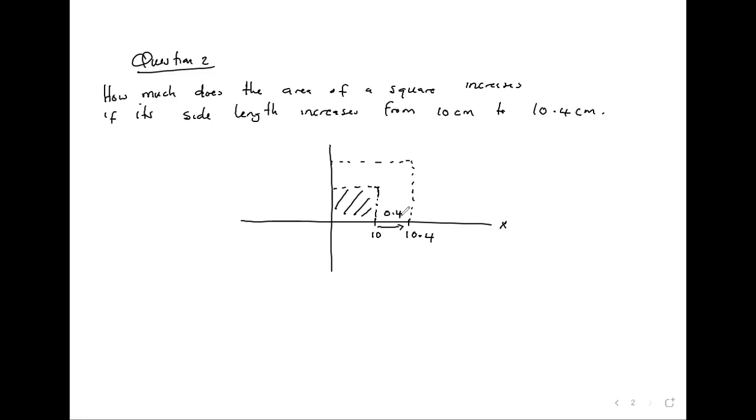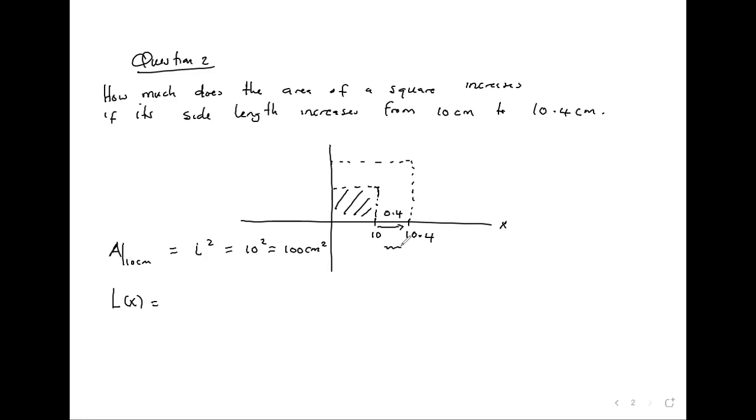You say, okay, I know that the area at 10 centimeter is equal to L squared, which is 10 squared, which is 100 centimeter squared. Then we'd say, what would happen if I use the knowledge of approximation?